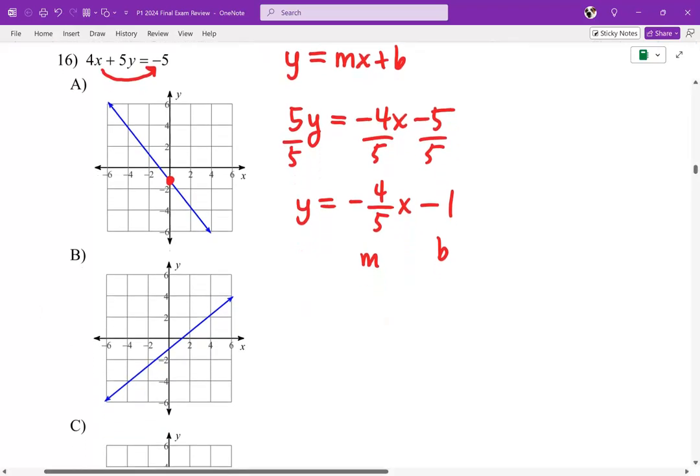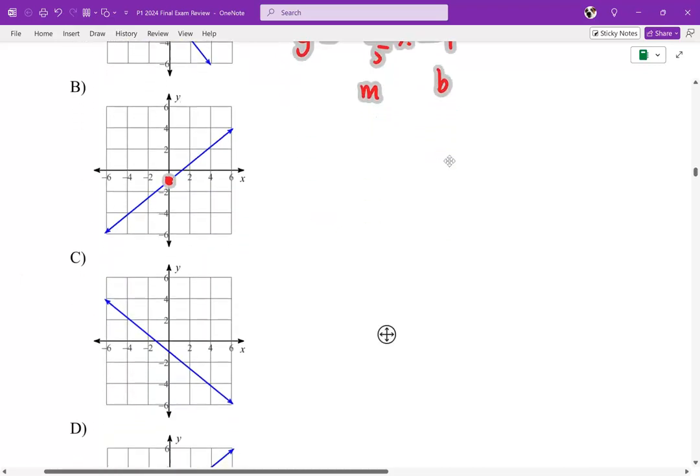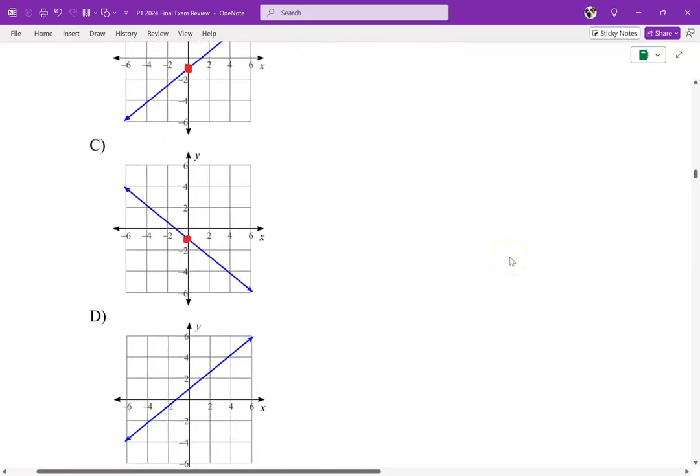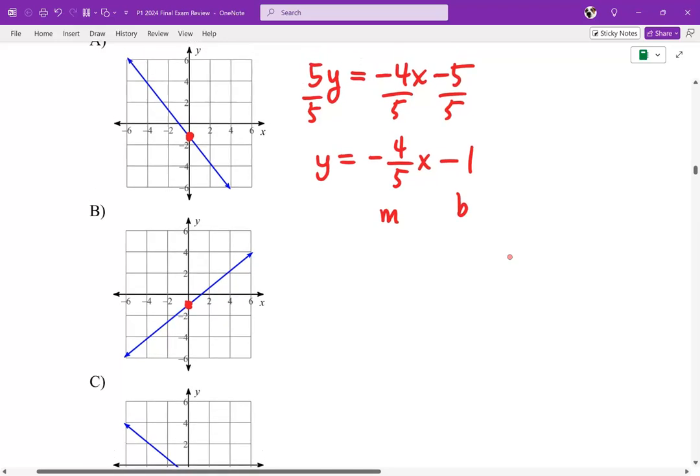B, yeah, kind of does. Put a dot there. C also. So far, I'm not able to really disqualify anything. And then D, well, D is that positive one. So that one doesn't work.